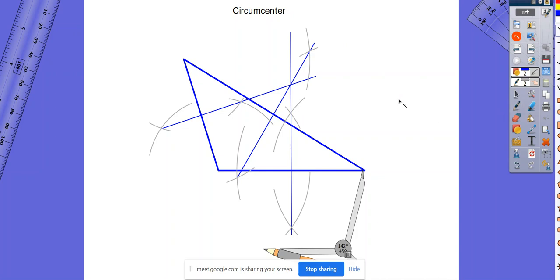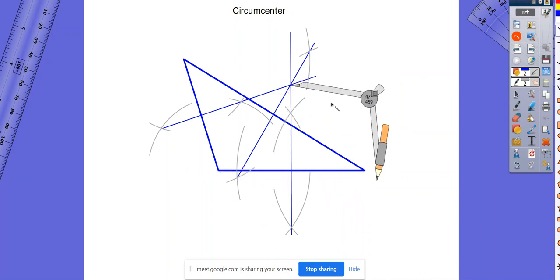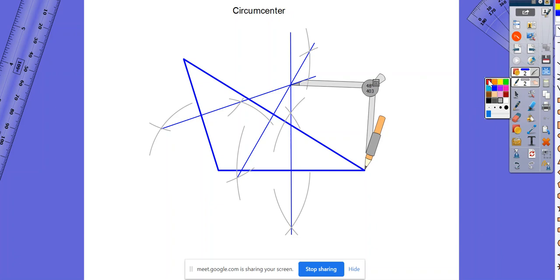Now here's the cool thing about the circumcenter. The circumcenter, and this is definitely within the definition of circumcenter, is equidistant from all of the vertices. So what I can do with the circumcenter is I can actually draw a circle such that it goes through every vertex exactly.